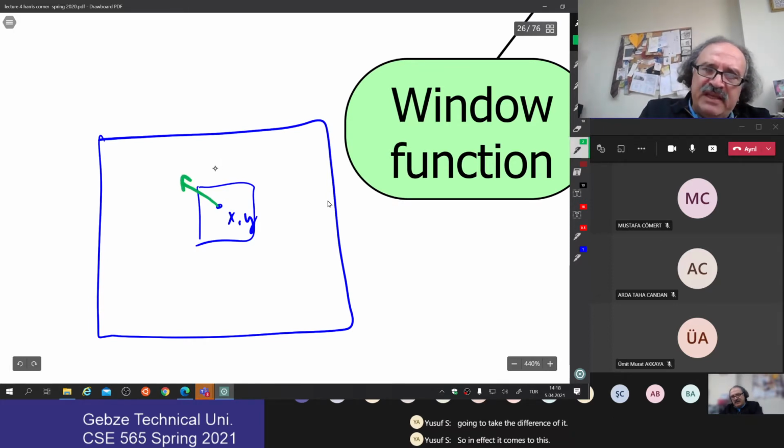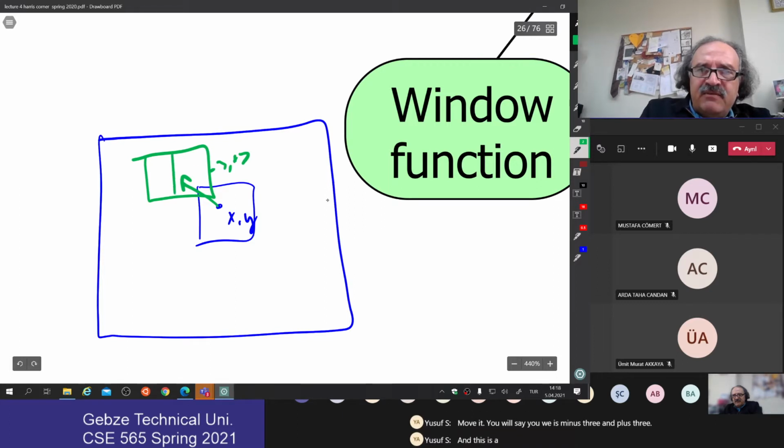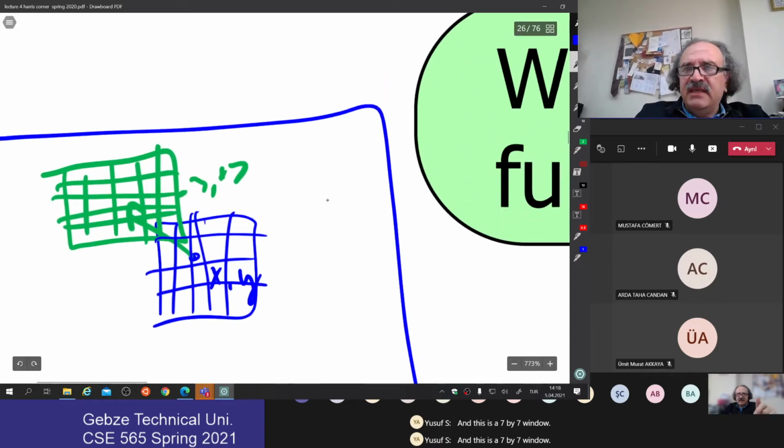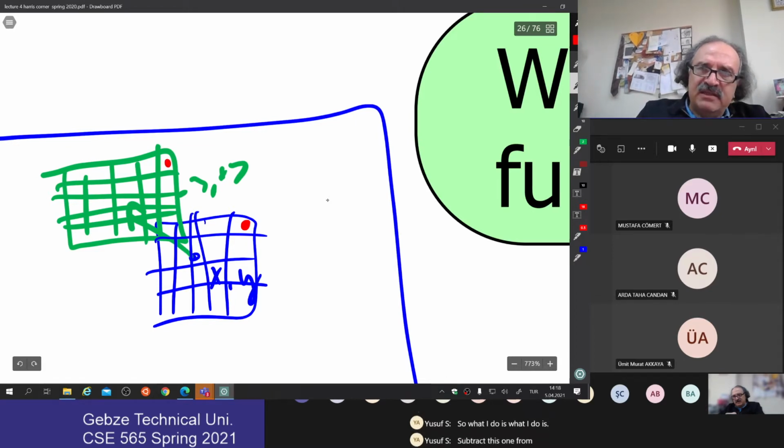Move it UV, let's say UV is minus 3 and plus 3. And this is a 7 by 7 window, and this is a 7 by 7 window. So what I do is subtract this one from this one, right?